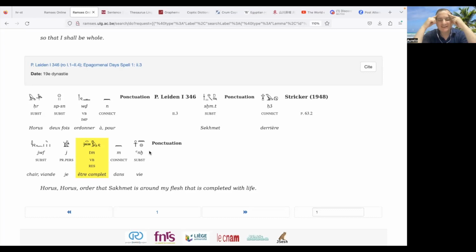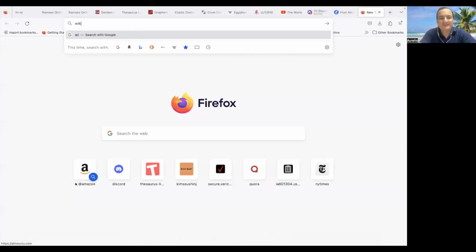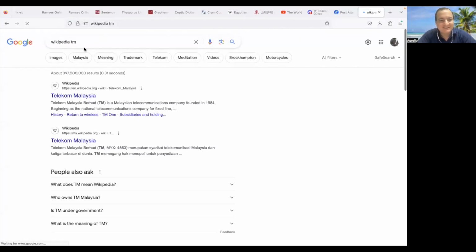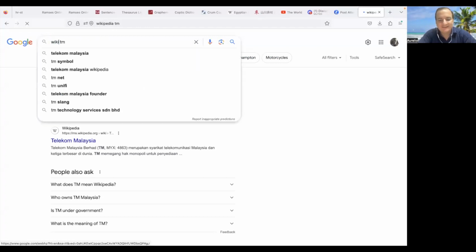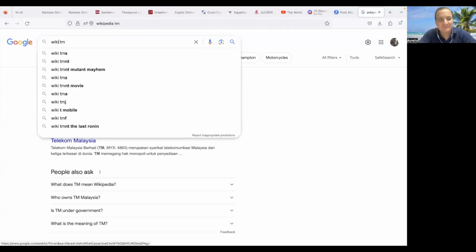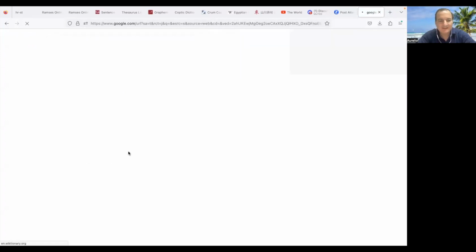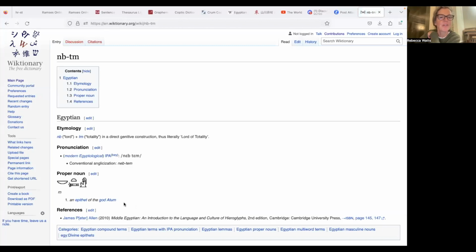Since we are on a bunny ride, we might as well. After all, that's a tradition. Wiktionary. Okay, well, that works. That looks like it.